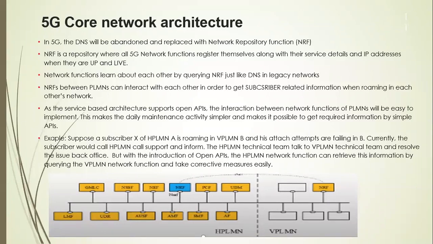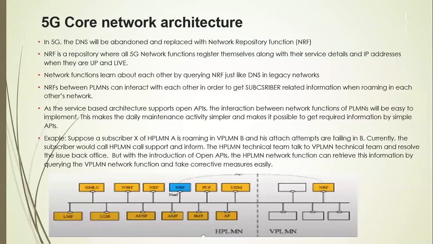And also this kind of architecture will facilitate communication between functional nodes of different networks, say for example, HPLMN element and VPLMN element. So the VPLMN NRF can communicate with the HPLMN NRF and know about a particular functional node in the HPLMN.